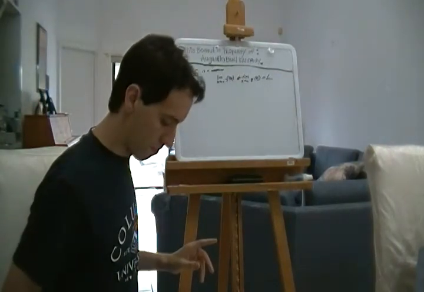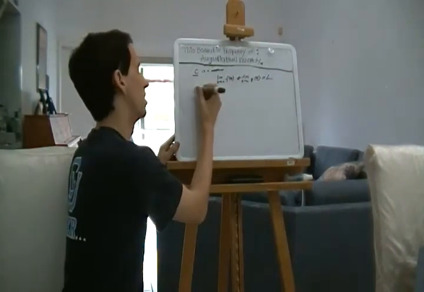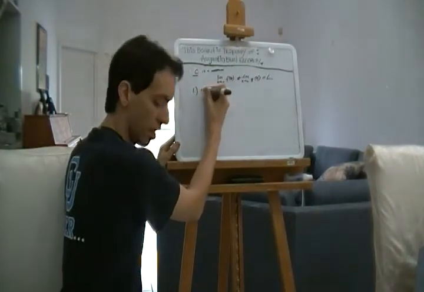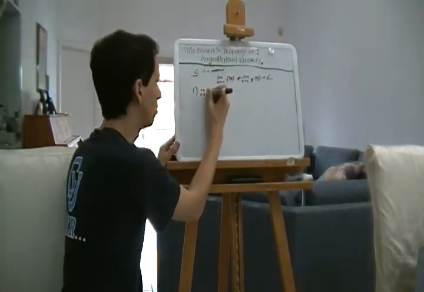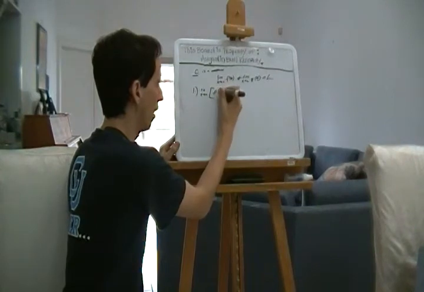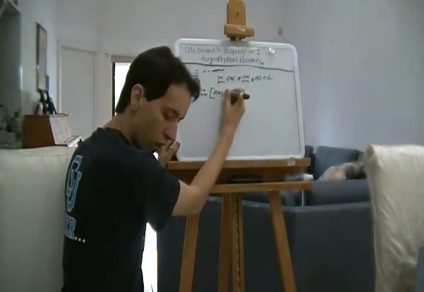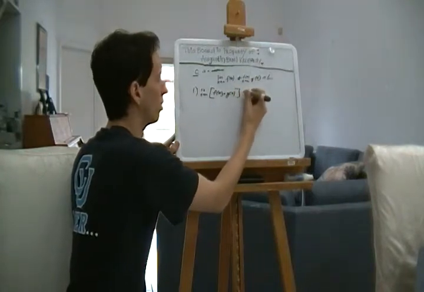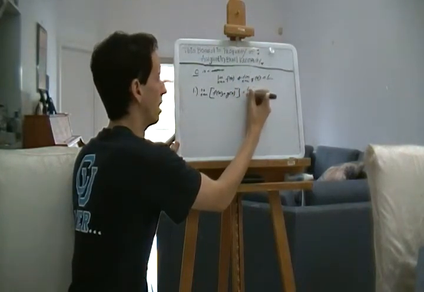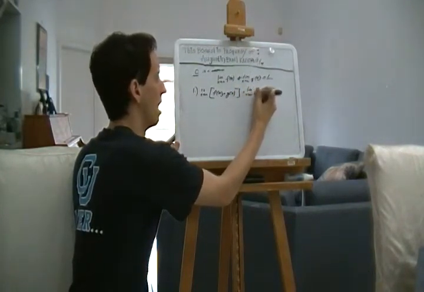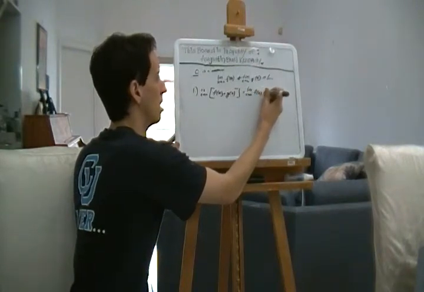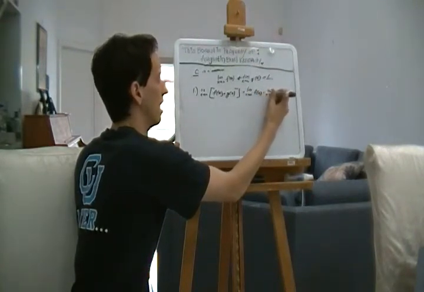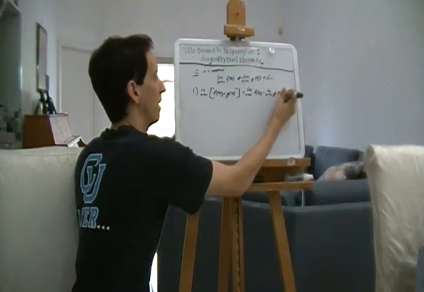All right, now, what that means is that the first law is that the limit as x approaches a of f of x plus g of x is equal to the limit as x approaches a of f of x plus the limit as x approaches a of g of x.